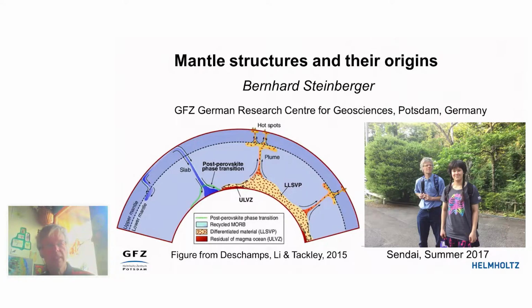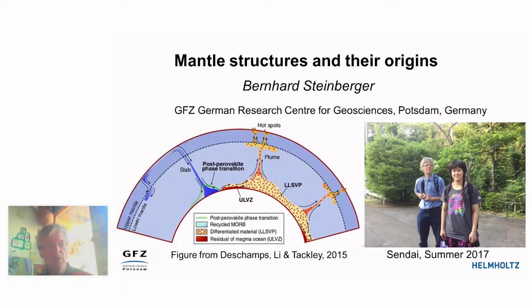Both experiments and observations indicate that it's in the form of plate tectonics, with slabs going down into the mantle, some of them continuously, some of them stagnating in the transition zone, and there are plumes coming up. Again, there is some evidence that they may not all come up straight through the mantle. Those are the basic structures.